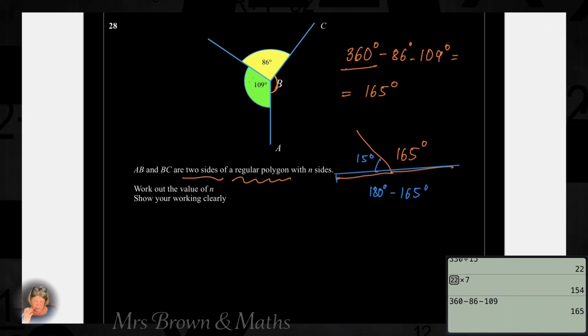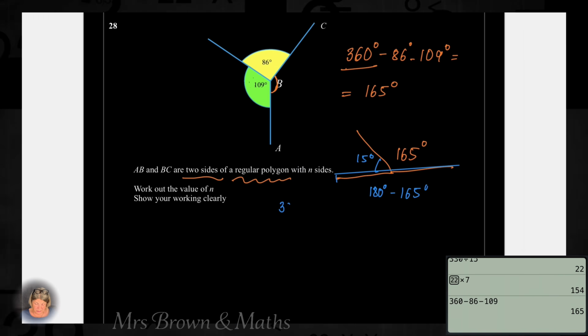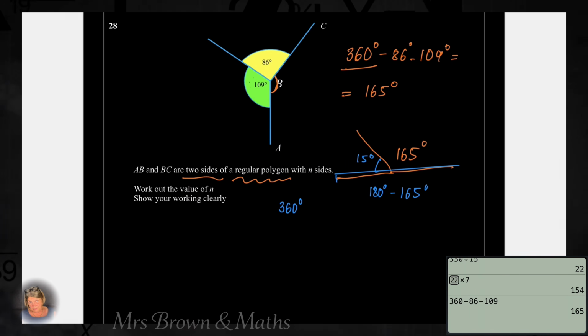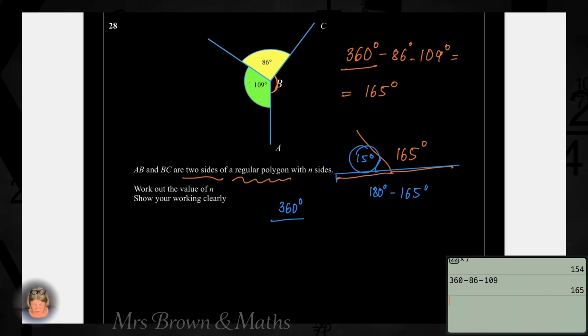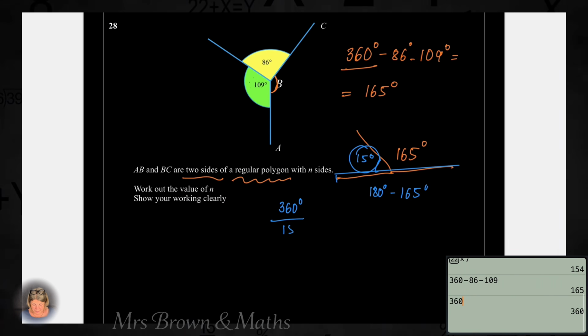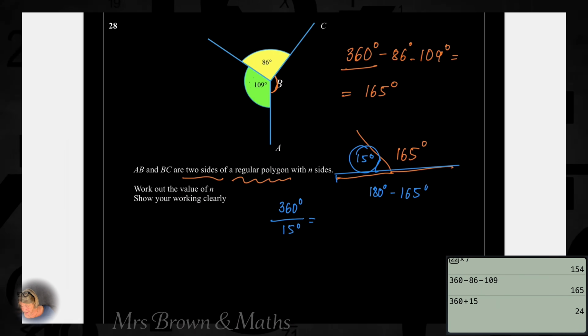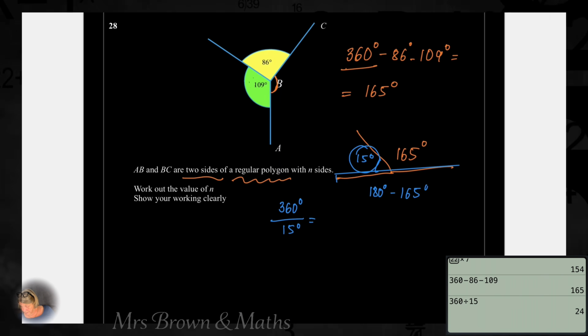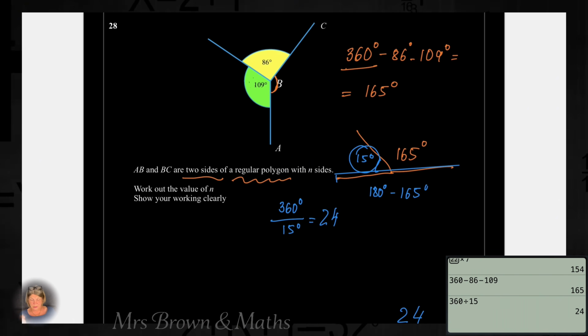Right, so 360 degrees is just the rule for every polygon. Divide by the external angle, which is 15. So what would be the answer? 360 divided by 15 is 24. Right, so 24 sides. That's the answer.